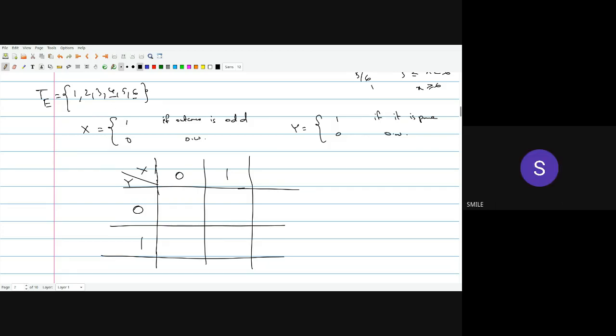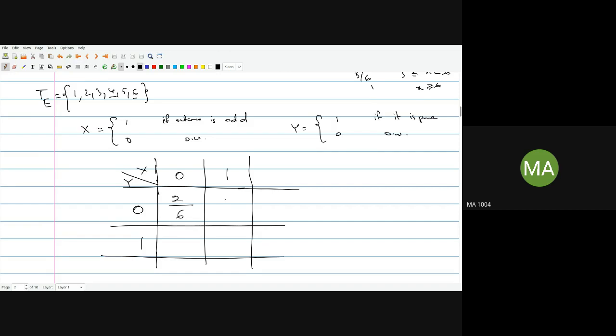Yes. So out of these 6 possible outcomes, there are 2 outcomes. So the probability will be 2 by 6, possible outcomes divided by total number of outcomes.